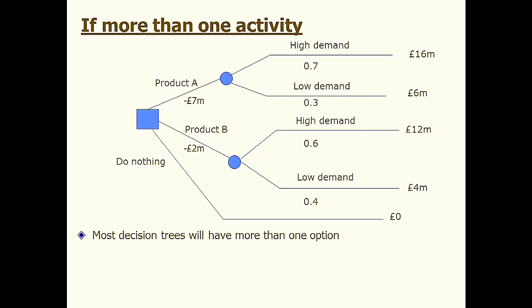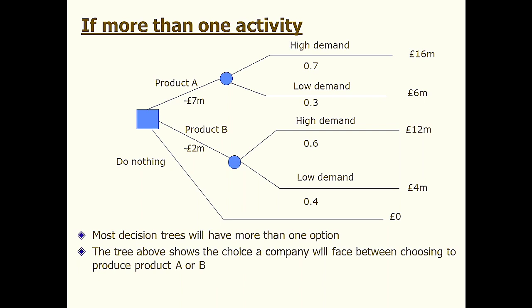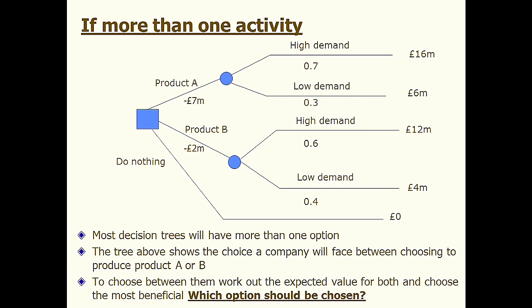Product A can come up with two outcomes: we might have a high demand for it or a low demand for it, and the same for product B. The chances for high demand are 70%, the chances for low demand 30%, and then we have the expected outcomes. So the tree above shows the choice a company will face between choosing product A or B, and in order to choose between them we will work out the expected value for both.